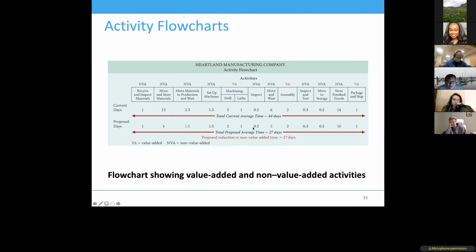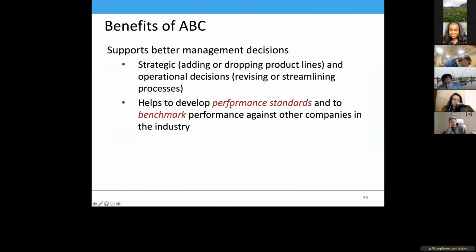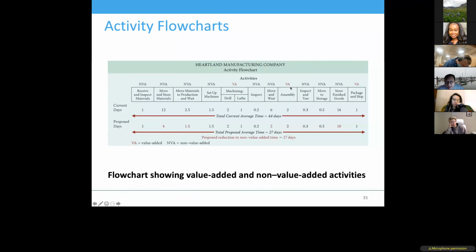Okay, so the value added activities, you don't want to push these too hard. If you push too hard, you are going to sacrifice quality. You give the machining enough time, make sure they do their work. The assembly, you don't want to push them.